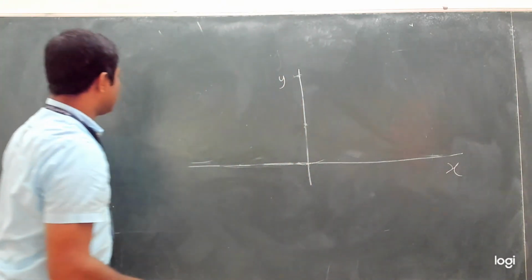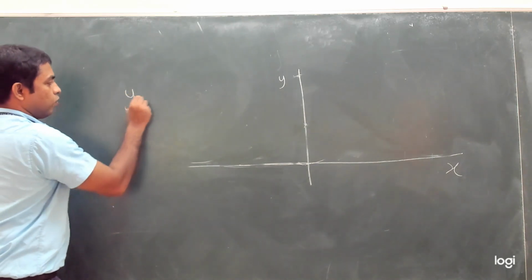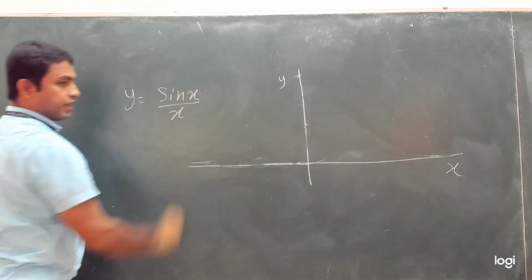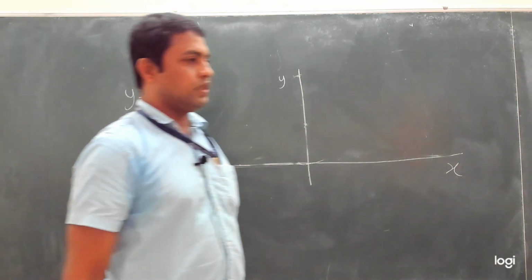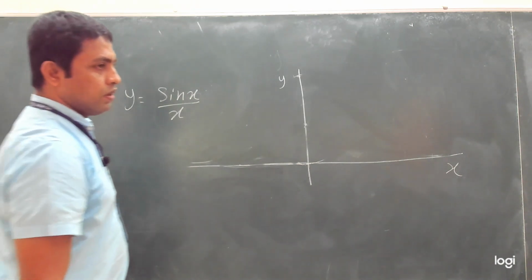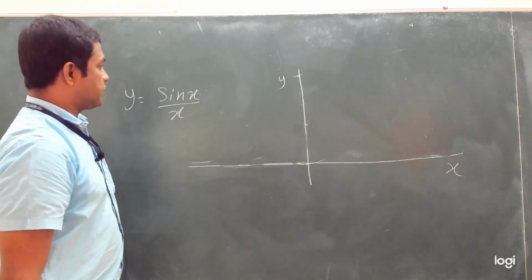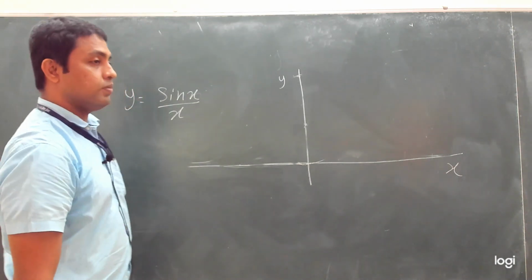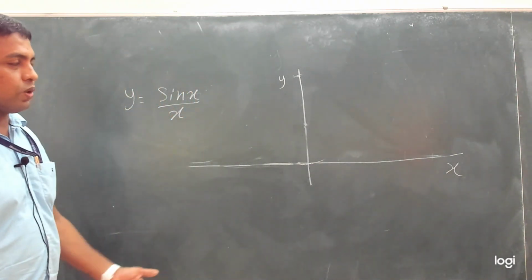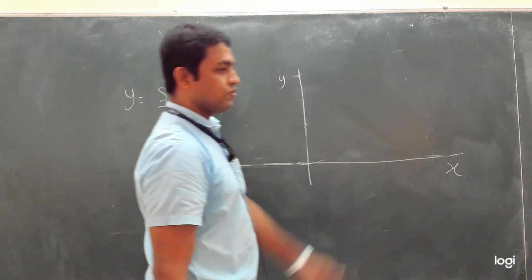Now let us look at y is equal to sin x divided by x. So for this function, you tell me: at x equal to 0, what is the value? As x tends to plus infinity, what is the value?